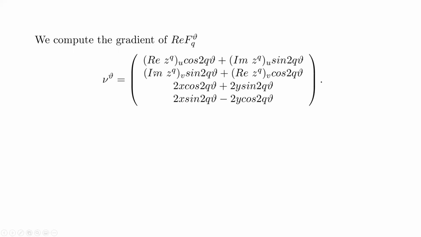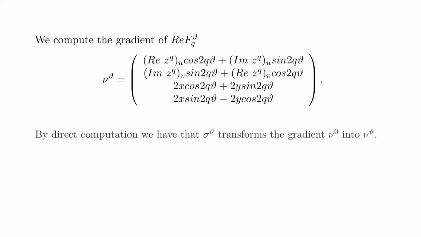The first part is the real part of theta q, the imaginary part of theta q, and so on. It depends. Of course, this gradient moves as theta moves, with the action of theta of S1 on the link implying an action on the gradient. So we have the computation.